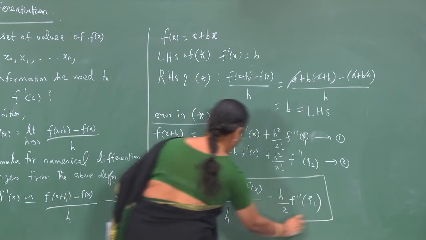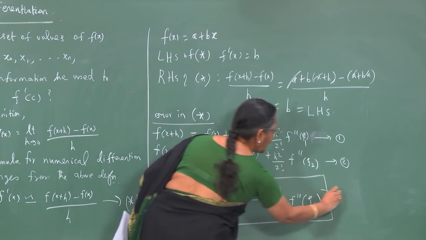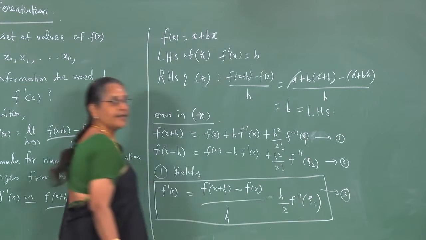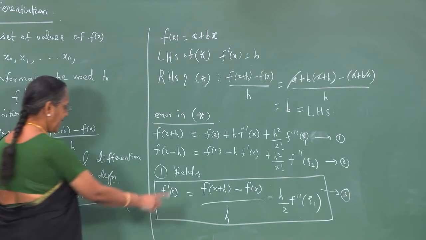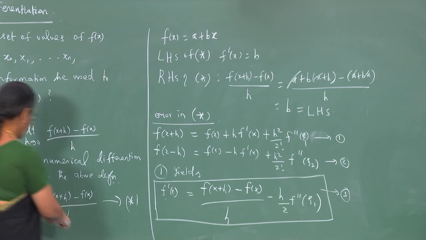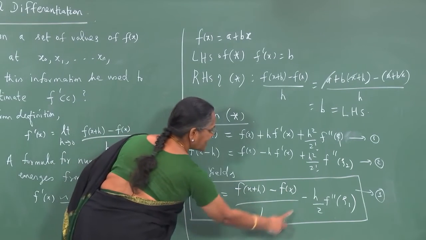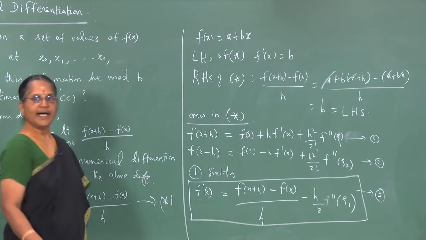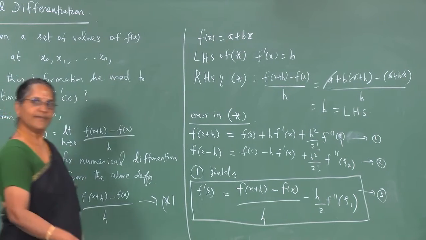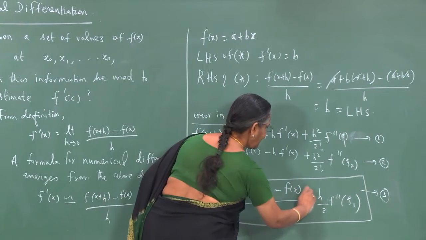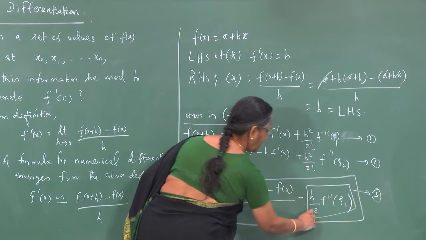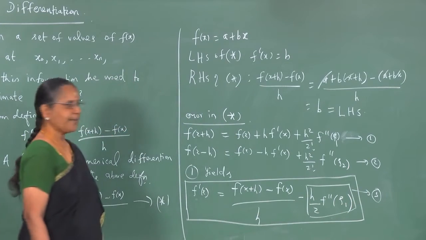So, this tells me that I can approximate f prime x by this term, which appears as the first term here, and that the error that I incur is given by this term, which is h by 2 into f double prime at psi 1.